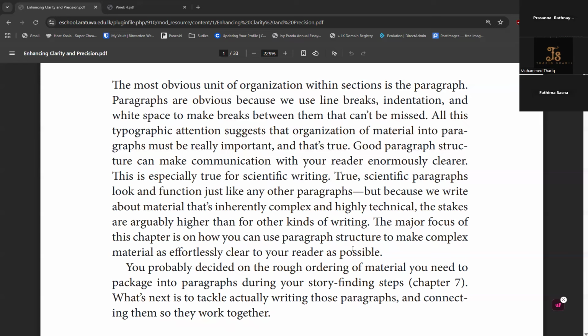The author gives an introduction to the paragraph and how it is structured.